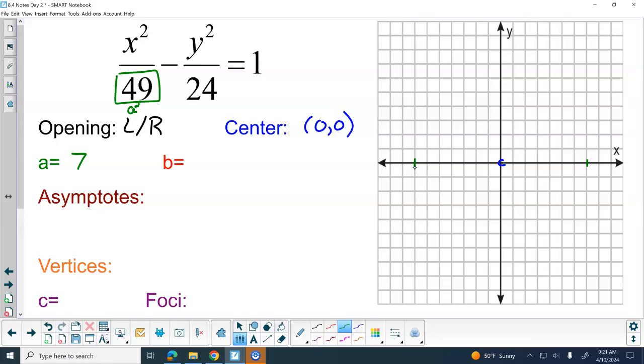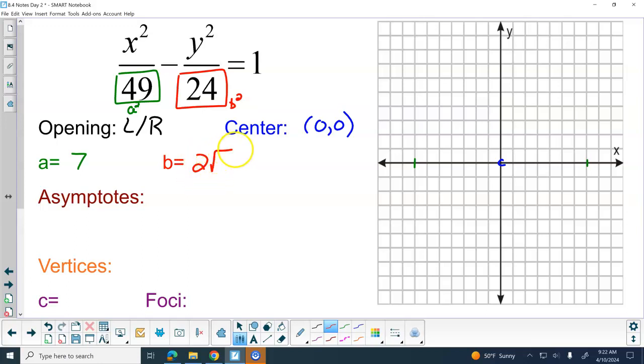B value. Okay, but what would my B value be? Anybody? The exactness. 2 square roots of 6?